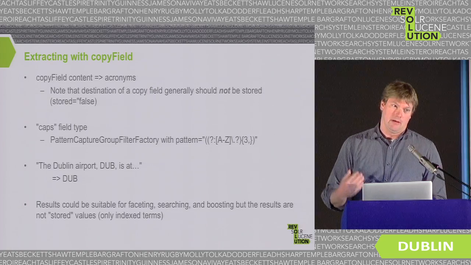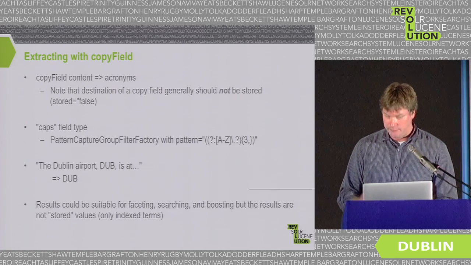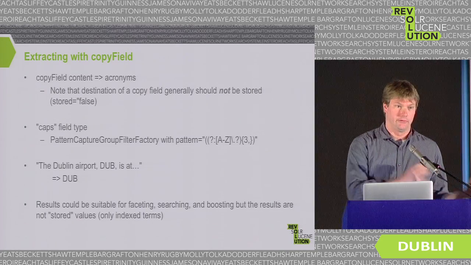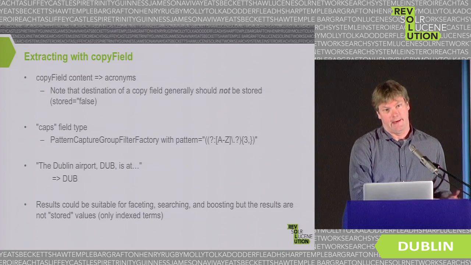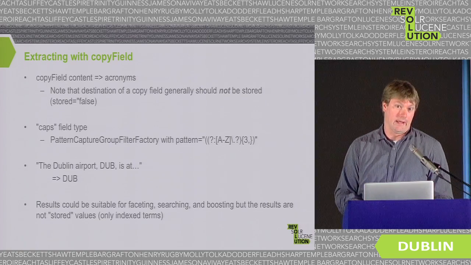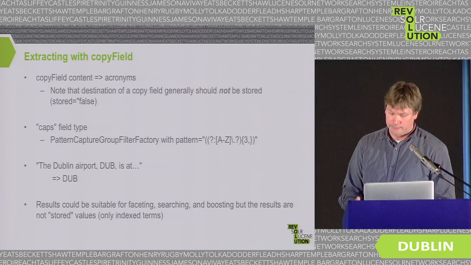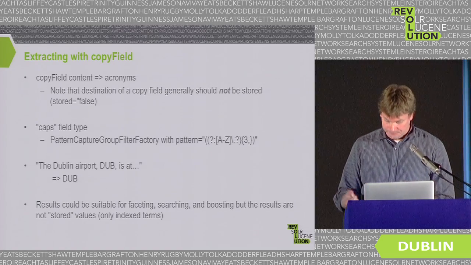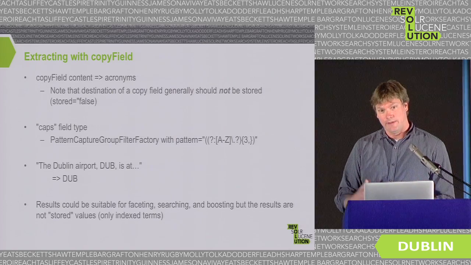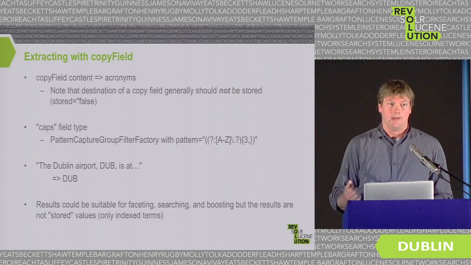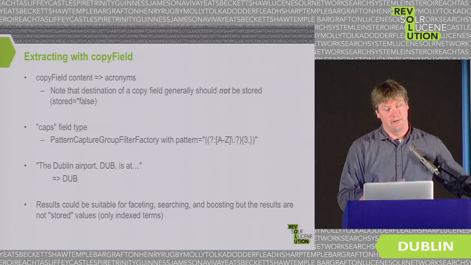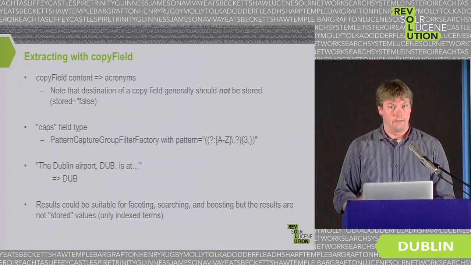One thing to note about copy fields is that the destination of a copy field generally is not something that you need to store, because you can store the original value and use that, but the destination is something that you're going to index in a different way. And in this case, because we're going to be pulling out the acronyms, if I had set that destination field to be stored, I would be storing the exact copy of the content, the full text of the content, in two different fields.